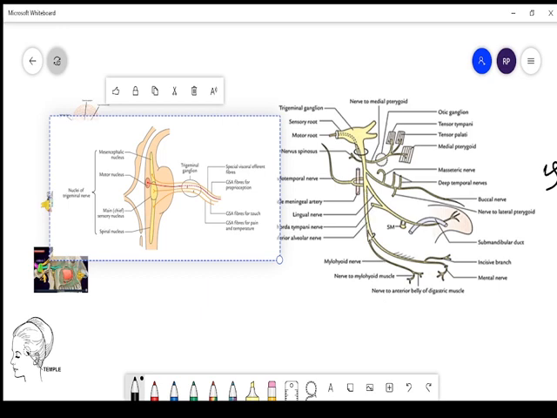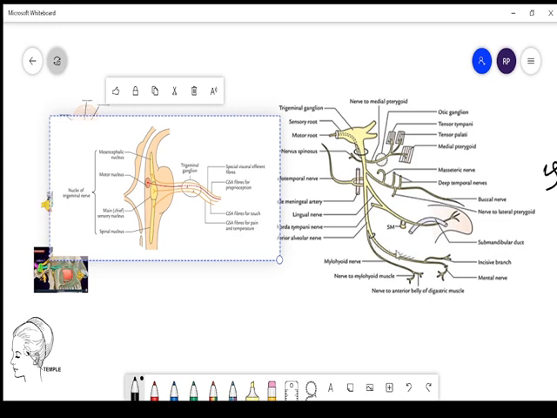Now this is the inferior alveolar nerve. The inferior alveolar nerve enters into the mandibular canal through a foramen known as mandibular foramen. Before entering into the mandibular foramen, it gives a branch which is known as mylohyoid nerve. This mylohyoid nerve gives branches to the mylohyoid muscle and anterior belly of digastric muscle.